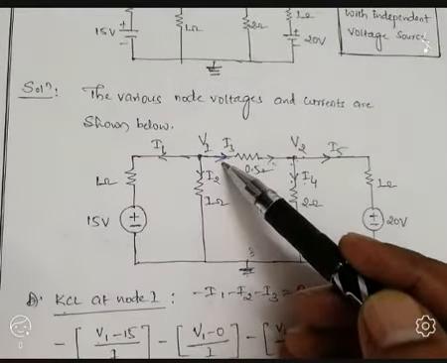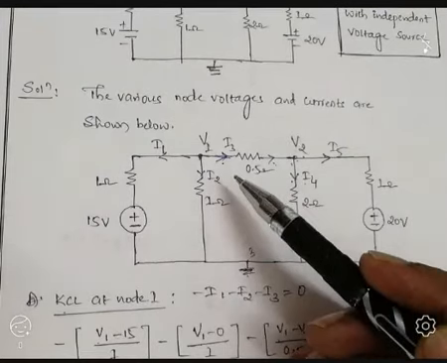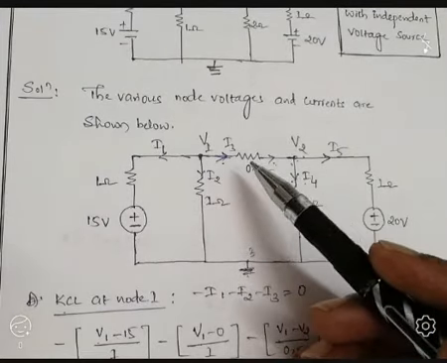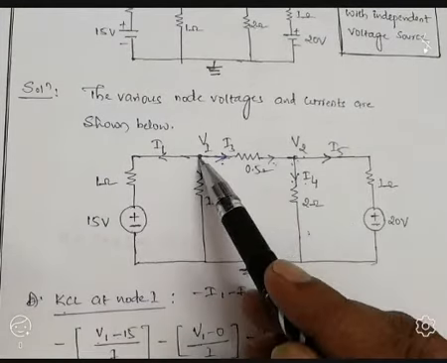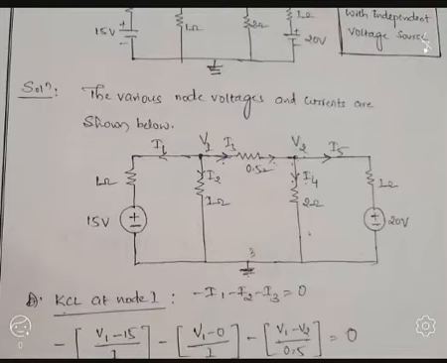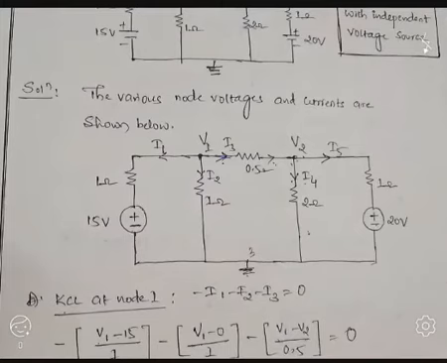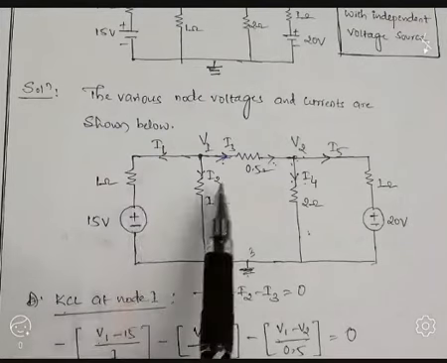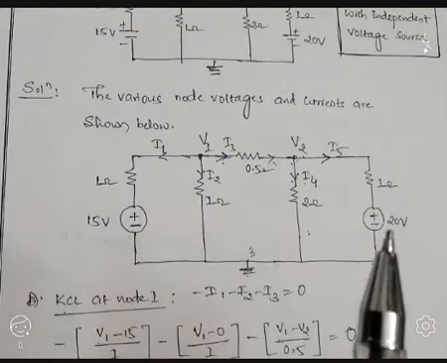Generally I always take moving away. Moving away from the node means we take negative; moving towards means we take positive. Here all currents are moving away, so we take negative polarity.